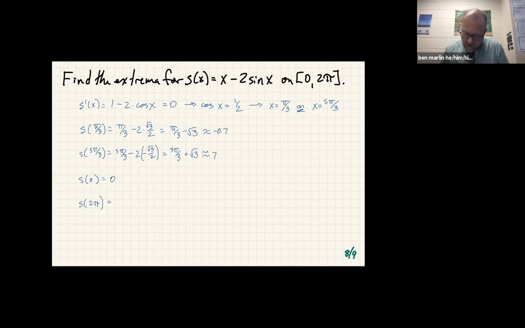And I'm going to plug in the 2 pi, and I'll get 2 pi minus 2 times the 0 for the sine of it. And I can approximate that to be about 6.3 without looking it up on the calculator. So this one is going to be our absolute minimum, and this one is going to be our absolute maximum. And that's that.